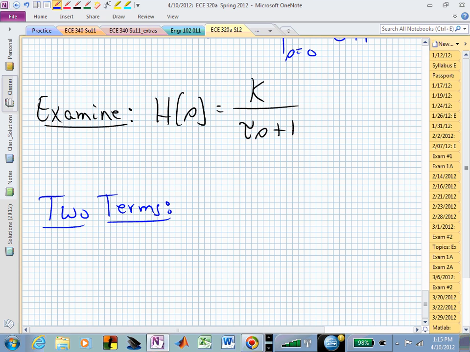What we want to do is identify certain terms in a transfer function. We'll have a constant term, we'll have linear terms. Those could be in the denominator for poles, they could be in the numerator for zeros. Then we could actually have terms that are due to poles or zeros at the origin. So if I could simply cover up that 1, I would have a pole at the origin.